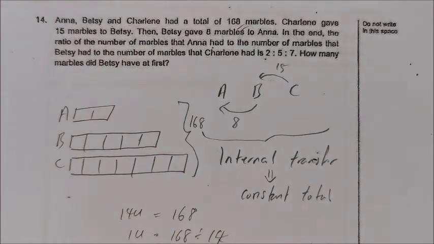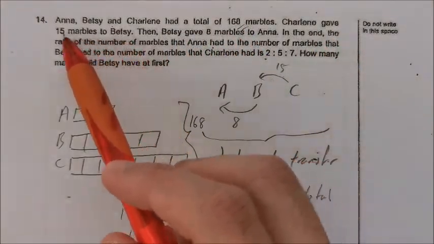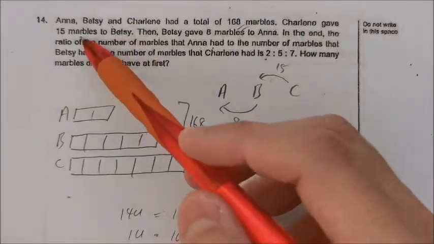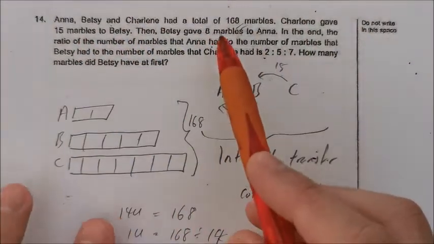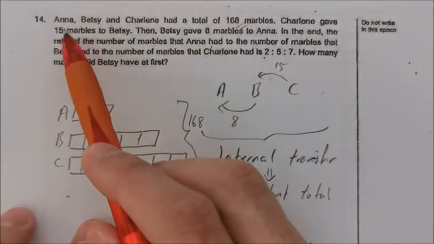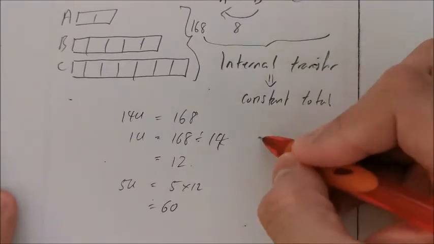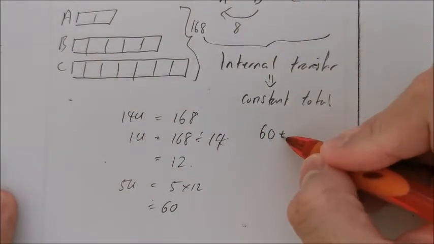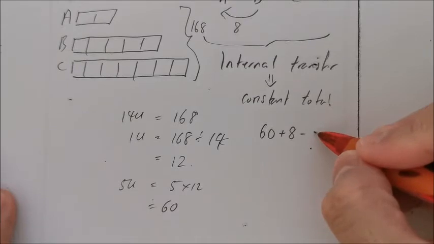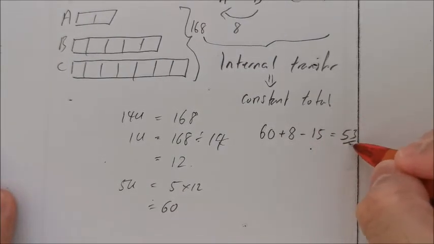So to reverse to the point before the first change, if Betsy received 15 from Charlene, you just give back 15. Okay, so to reverse these two changes, Betsy has to take back 8 and give away 15 back to Charlene. So from this 60, we take back the 8, plus 8, give back the 15, minus 15. Okay, so that will give us 53.